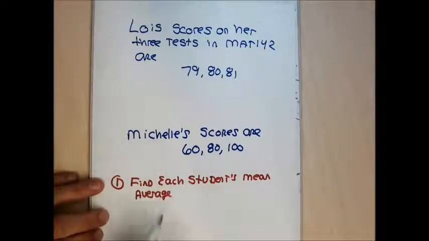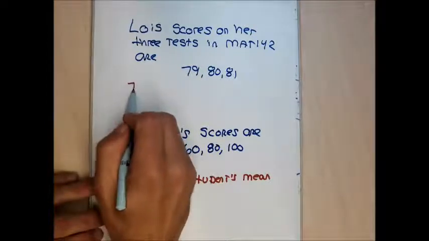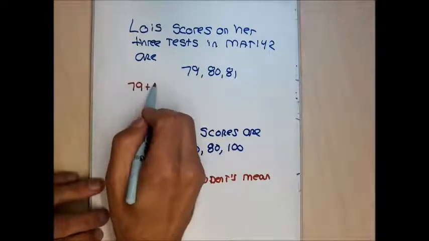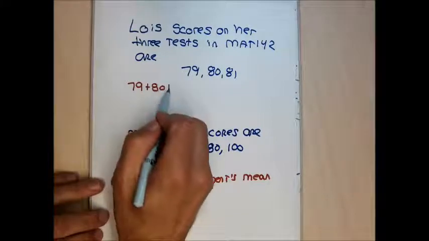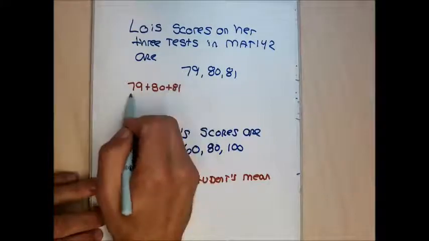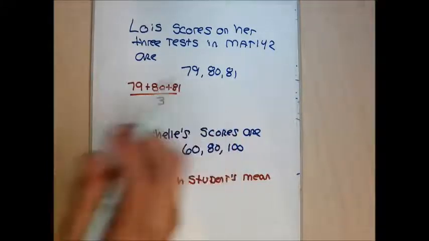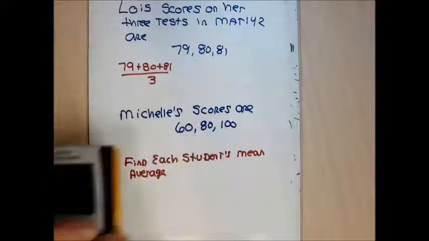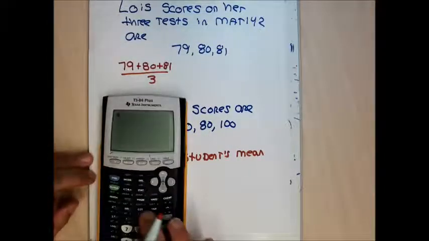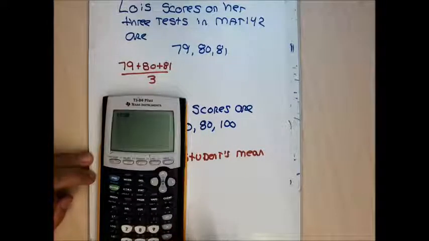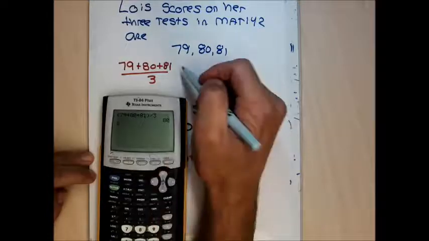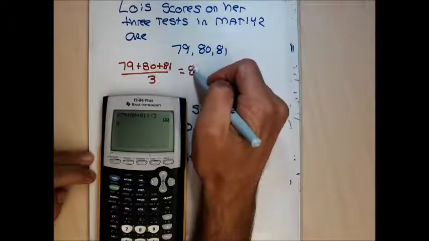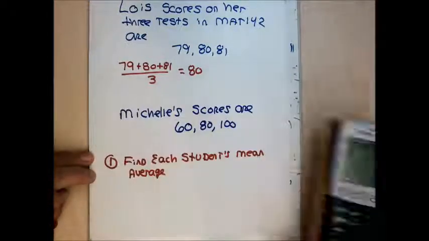For Lois, I'll find her mean by adding up her 3 scores and dividing by 3. I could do that all in one quick computation on my calculator: 79 plus 80 plus 81 divided by 3. Lois's average, her mean average, is 80.